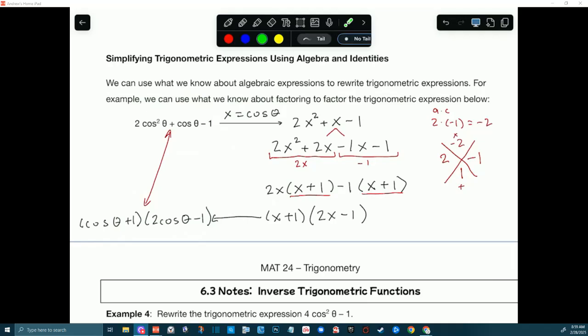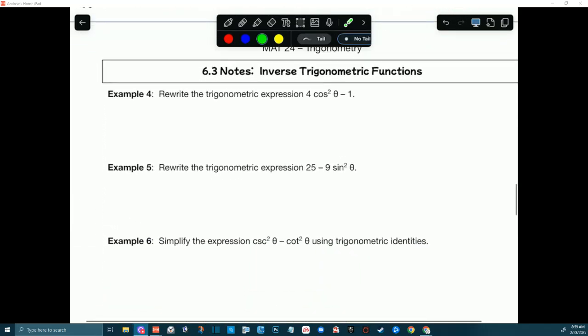Okay, we're going to try a couple more rapid fire, and then I'm going to set you loose for the additional practice. So the next one says 4 cos squared theta minus 1, rewrite. So if I do that same replacement, cosine theta becomes x, that's 4x squared minus 1. And I know that that's a difference of squares.